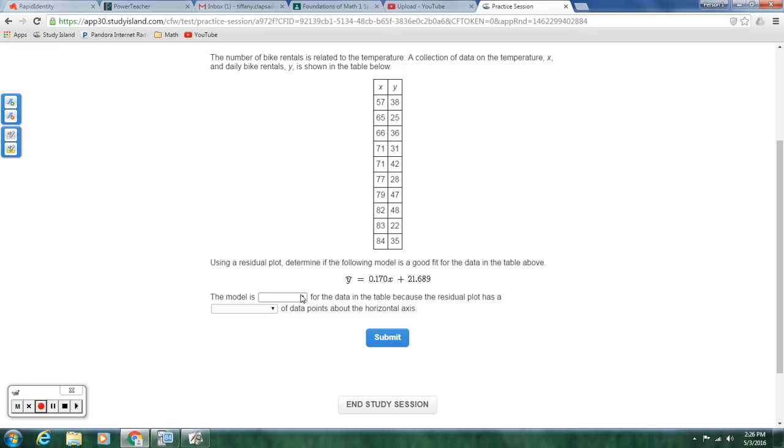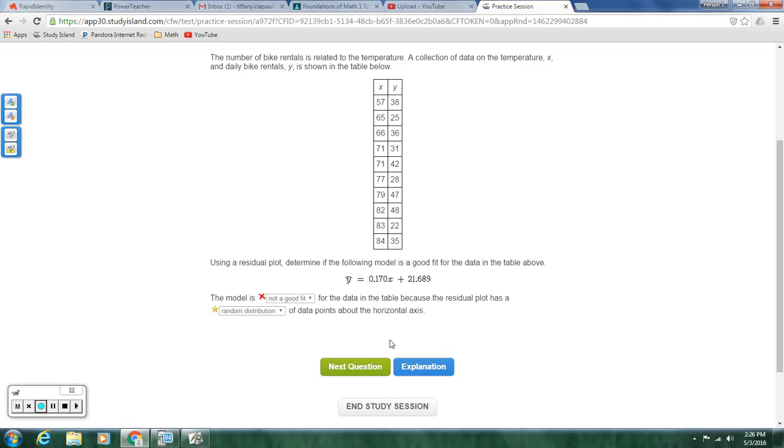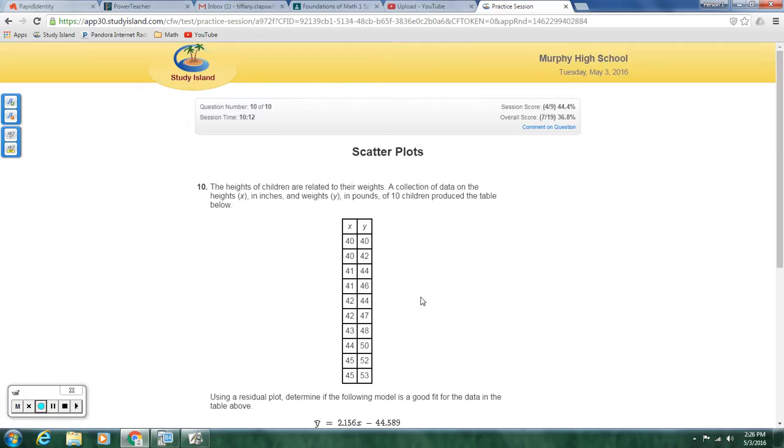Alright, we're guessing again. The first one. Not a good fit or a good fit? Not a good fit. Random or non-random? Non-random. Sam says that's random. I think that's the end of it.